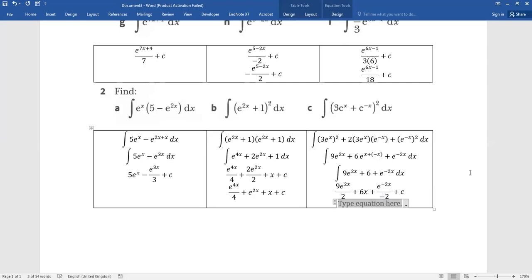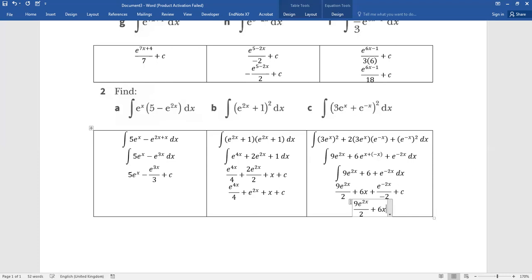Well done. Do not forget c, and then the negative sign doesn't look well with the denominator, plus c. Is this clear? Yes, sir.